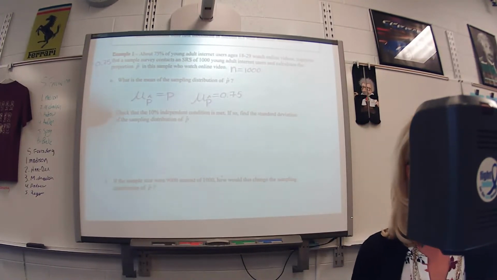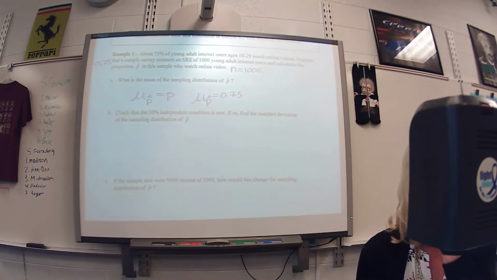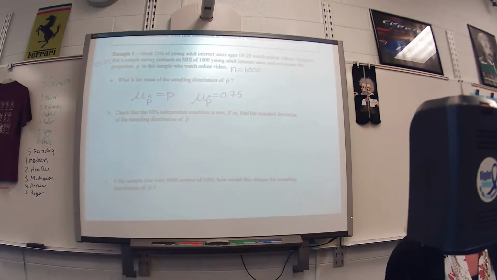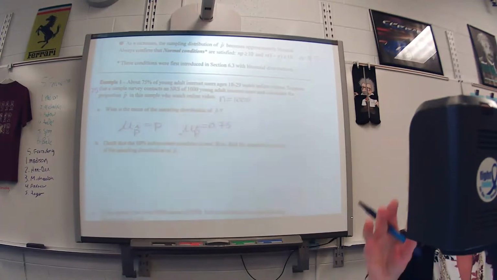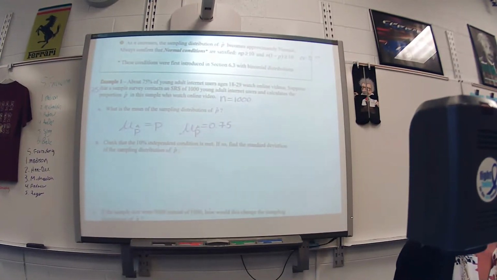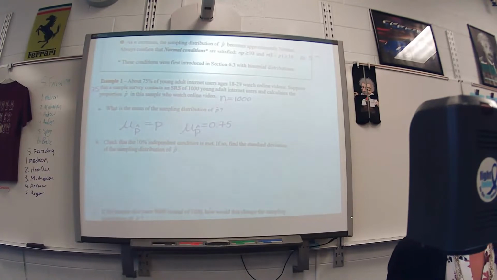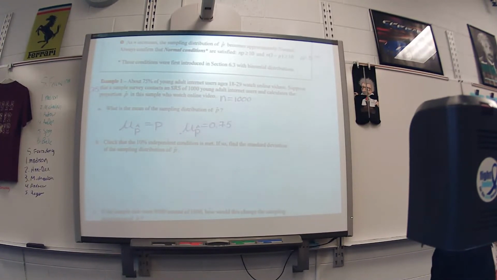So now, you are required to check the 10% condition. The 10% condition simply says that you've got a picture of the whole population of adult internet users, okay? That's your capital N size. You understand every time you select one person from that group, you now have one less in your capital N. So technically it changes the probability of the next person getting chosen. Do you remember the example I did with the NASCAR, the cereal boxes?